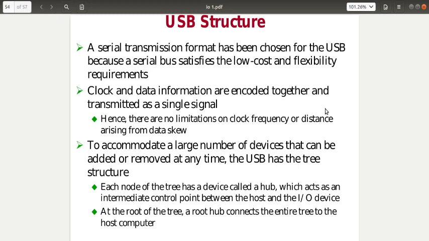The other thing is that it follows an asynchronous mode of transmission. So the device being connected to the computer need not be in sync with the clock frequency of the processor. Now to accommodate the requirement that USB should be expandable, it follows a tree structure, right?